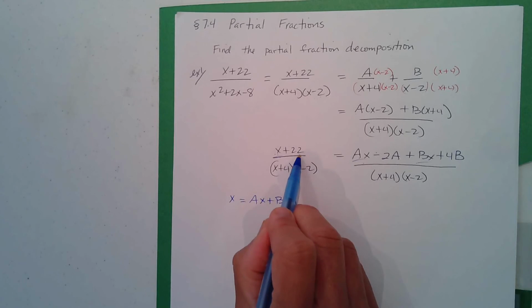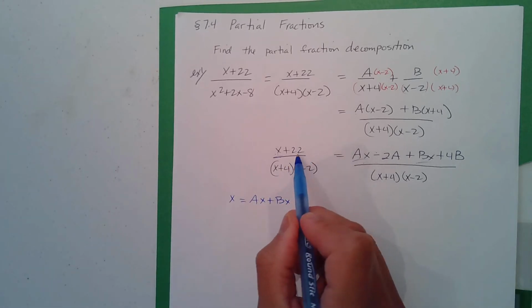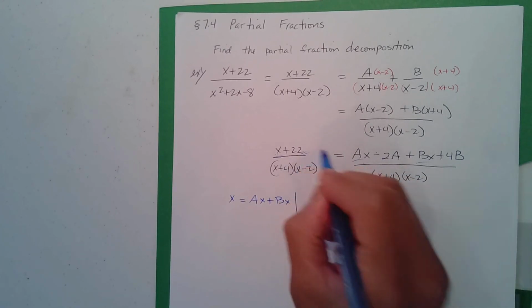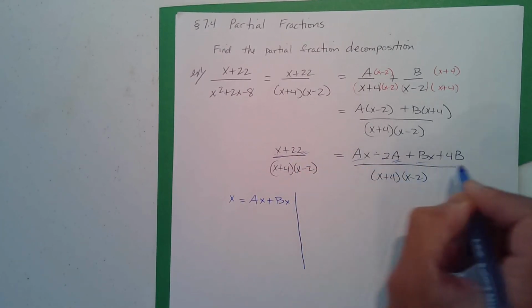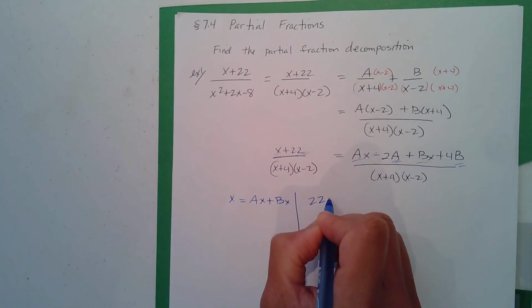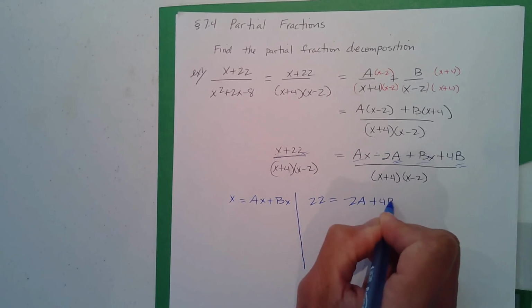Here is our constant, so here's a constant, no variable. So this is 22 equals negative 2A plus 4B.